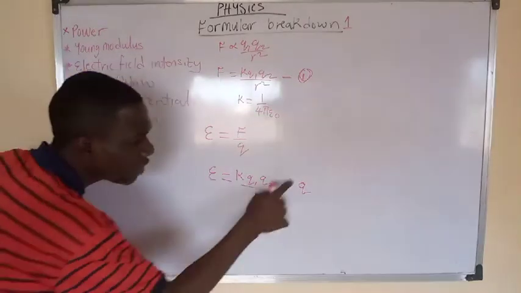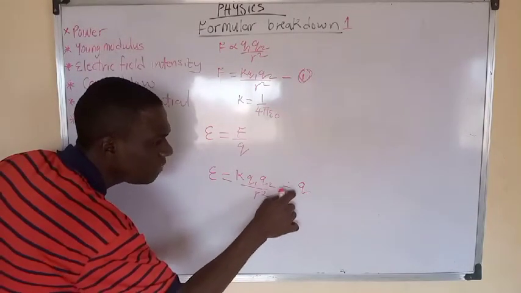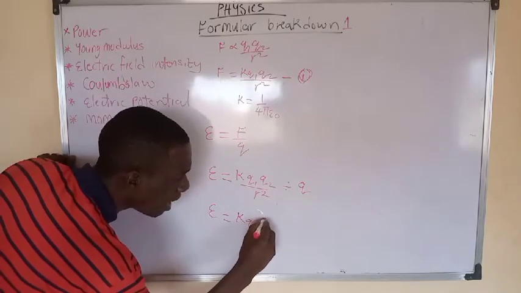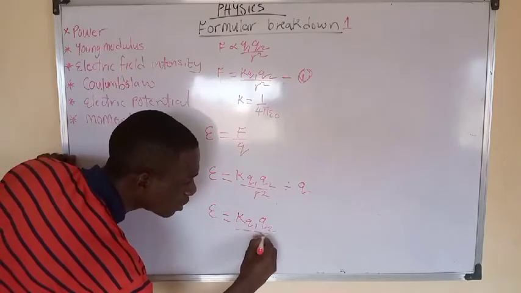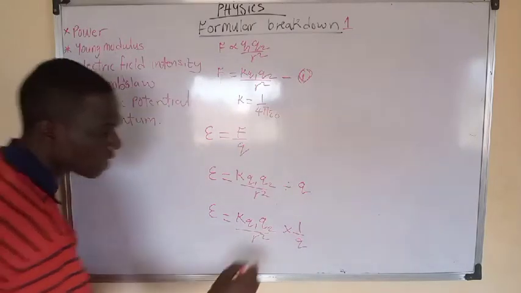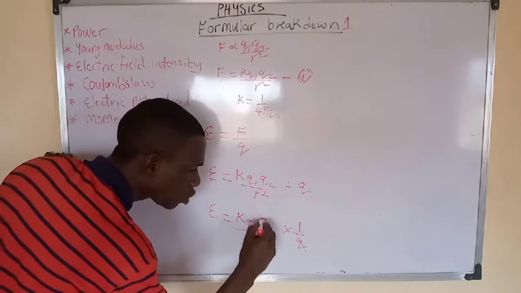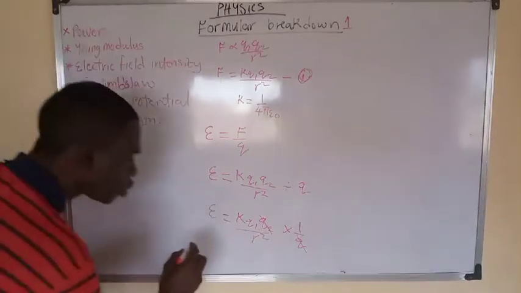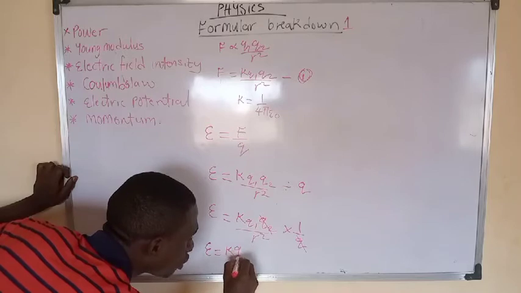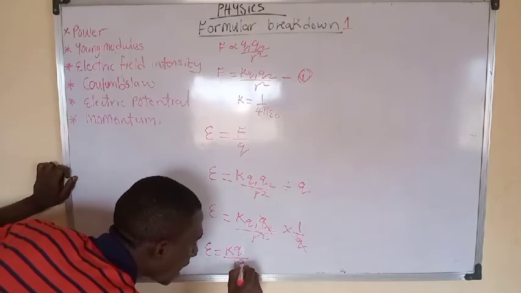So now, if I turn this into a multiplication inverse, my E will be equal to K Q1 Q2 over r squared times 1 over Q. Now, one of this Q, we cancel one of this Q here. Alright? So that my E is now equals to what? K Q over r squared.